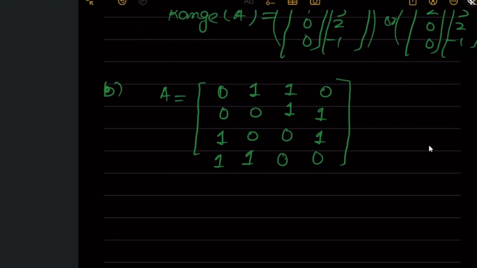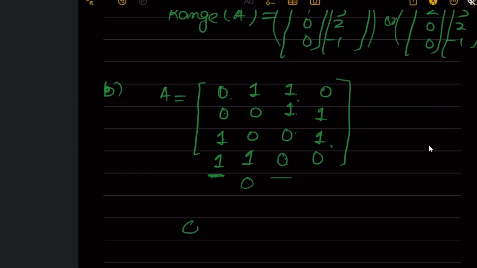See, look closely. If you look at column 1 and add it to column 2, then from it subtract this column, you are going to get this column. Adding these two will give you a vector 1 1 1 1. Subtracting from it 1 and 0, you will get this, right?